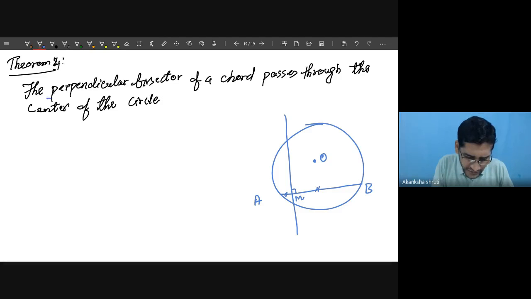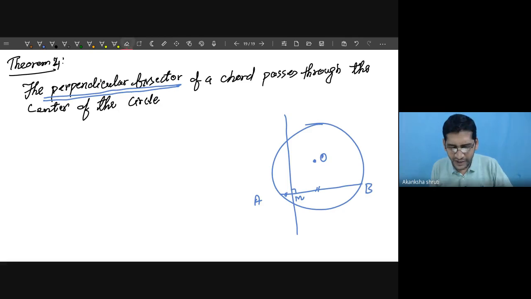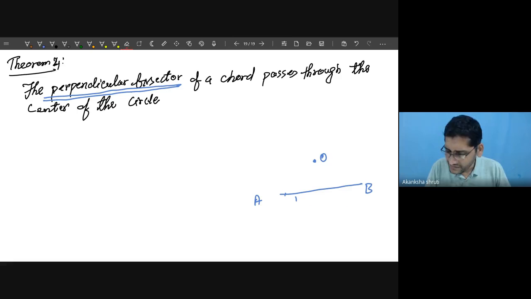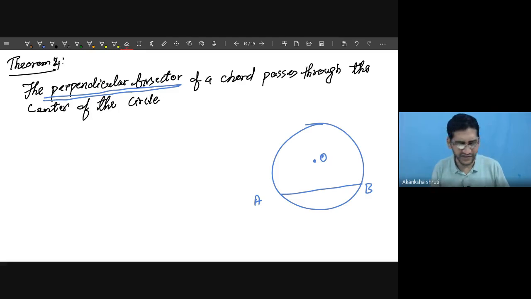So our point is we need to take the perpendicular bisector. It should be perpendicular as well as a bisector. So how many perpendicular bisectors can we draw? One and only one. So one and only one perpendicular bisector can be drawn here.